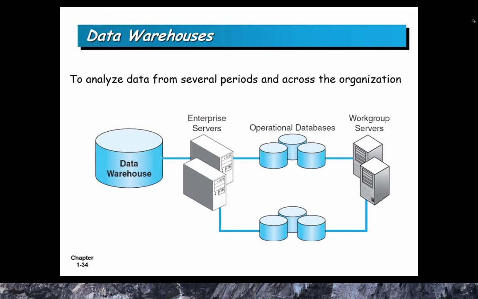So that's where data warehouses come in. Data warehouses take the important information from all of these different systems, may combine it with outside information, and put it into a data warehouse. A data mart, M-A-R-T, is very similar to a data warehouse, except it has information from outside the company as well.